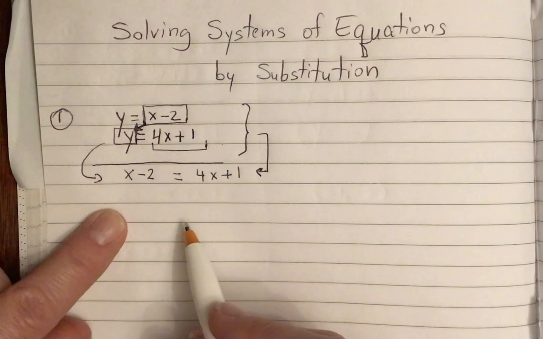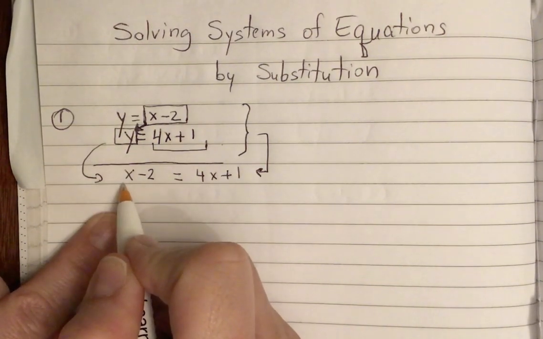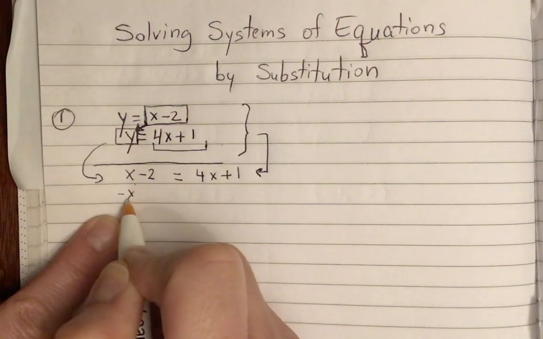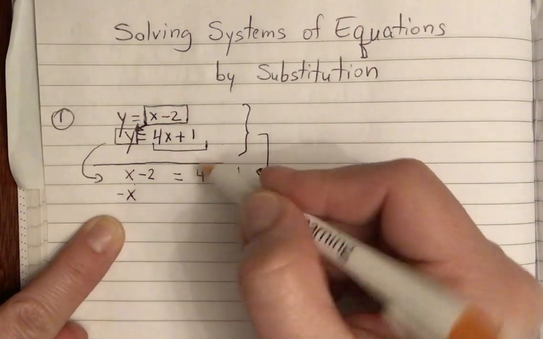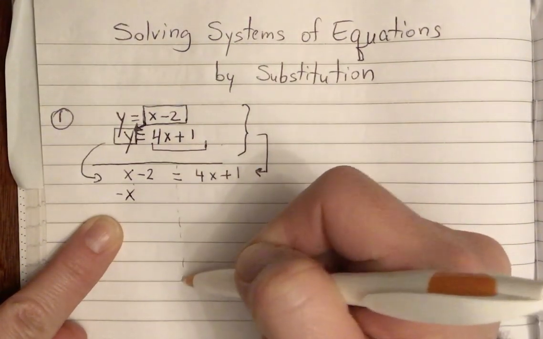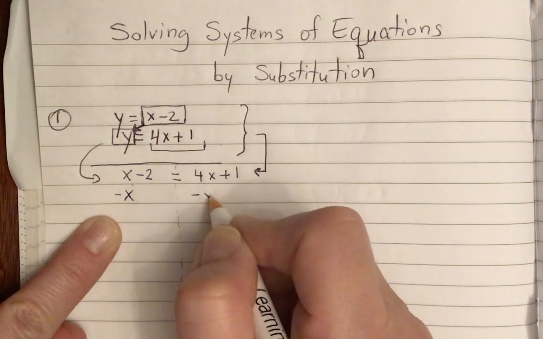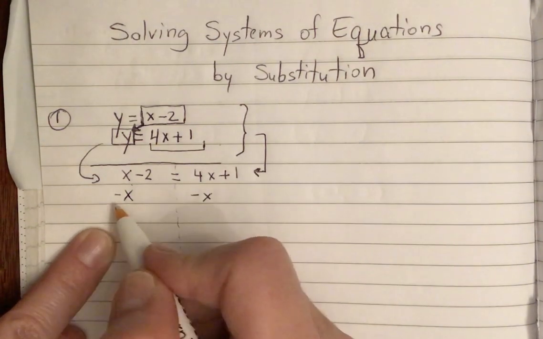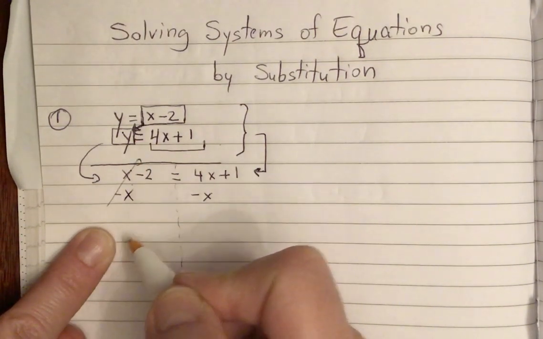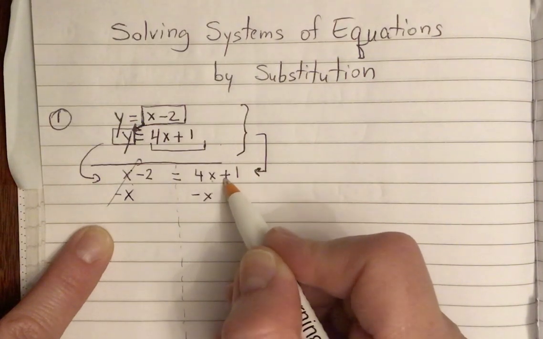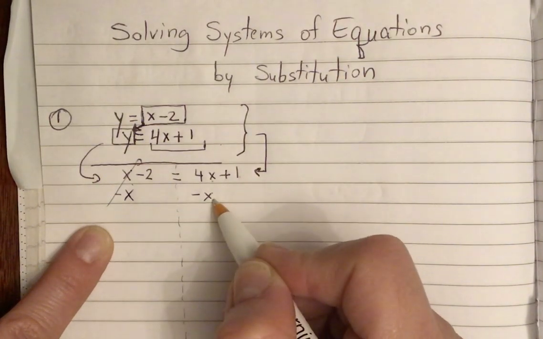So I'm going to go with doing the inverse of x. This is plus x, so I'm going to take away x on the left. And let's just keep this line so we don't lose track. And take away x on the right. This turns into 0. And here is going to be 4x plus 1, take away x.